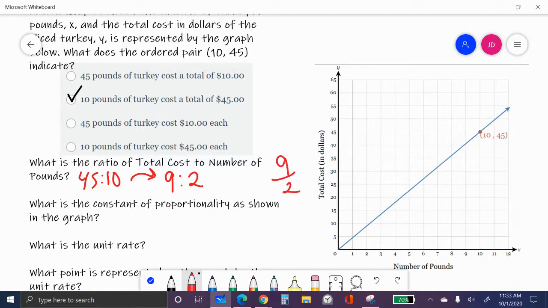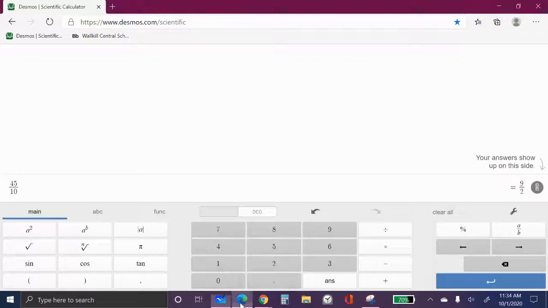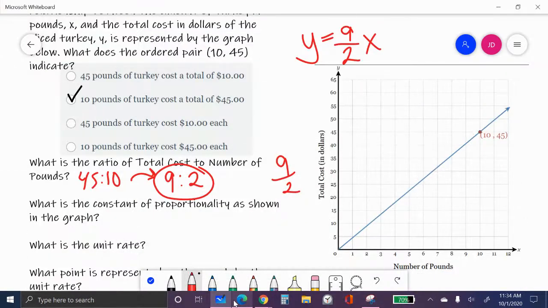Because technically, and we're not going to get into this yet, the equation of this line is going to be y equals 9/2x. So that would be the equation, how you would graph this. So the ratio of the total cost to the number of pounds is 9/2 when you reduce it. And again, use the calculator to help you reduce that, or reduce it like you would fractions in your head.